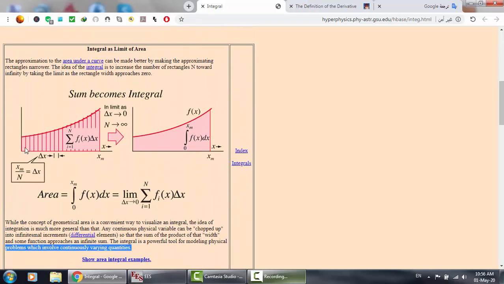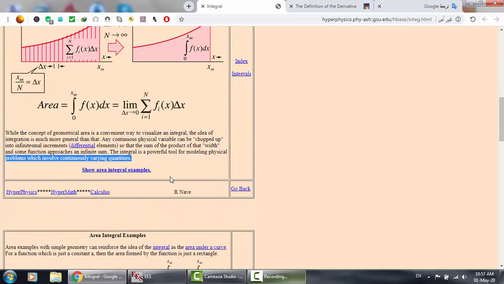And we have here that the approximation to the area under the curve can be made better by making the approximating rectangles narrower. So the idea of the integral is to increase the number of rectangles toward infinity by taking the limit as the rectangle width approaches zero. Again, when something approaches zero, in instantaneous, we take the limit.